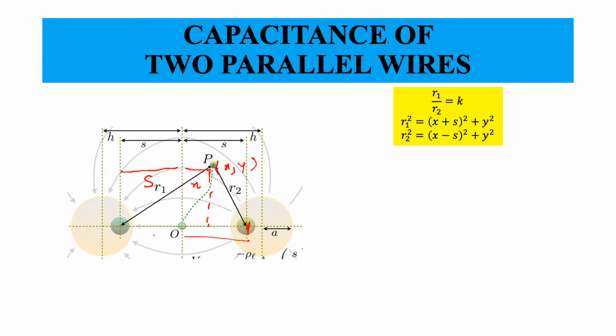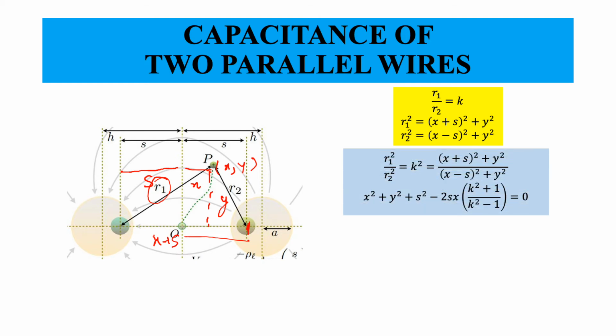So this is my Y, this is my X plus S, and the squares of them will give me R1 square. Similarly I can calculate R2. Therefore the ratio R1 by R2, which gives R1 square by R2 square, equals K square, which is given by this equation.